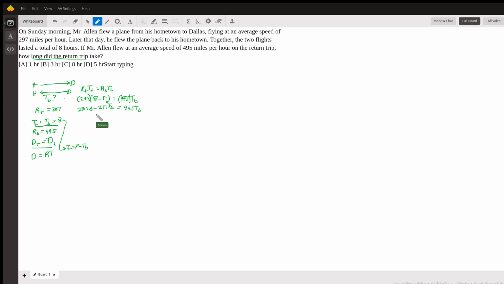All right, now let's isolate for TB. So we're going to add 297 TB to both sides.